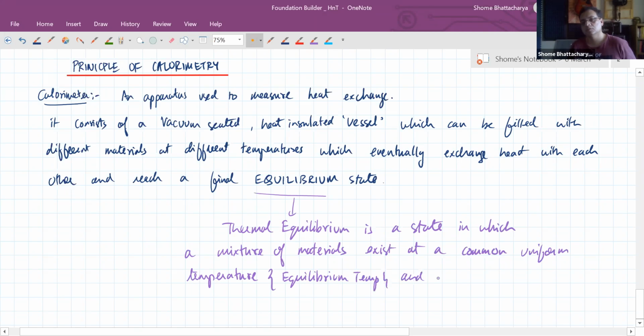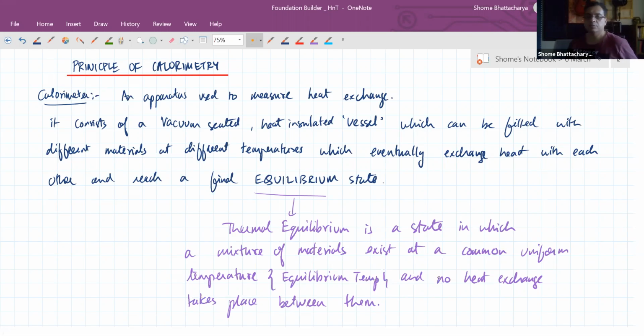and no heat exchange takes place between them. So basically, when a mixture of materials is in this equilibrium state, that is, they are at a common uniform equilibrium temperature, then there won't be any heat exchange taking place.